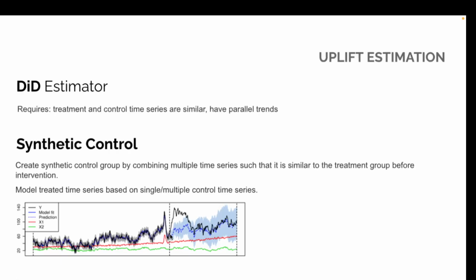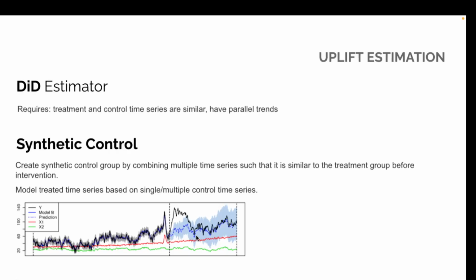Okay, so if I have a model that can accurately predict y before the intervention using x1 and x2, and x1 and x2 were not affected by the intervention, then I assume that the model predictions after the intervention serve as a control group, right? And this dashed blue line is the prediction of the model after the intervention.